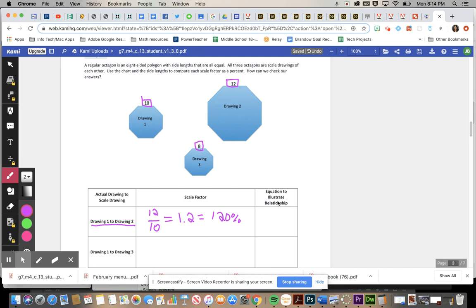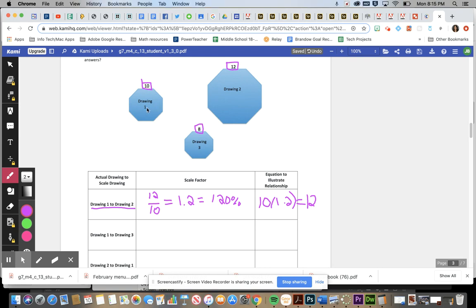Our equation to illustrate the relationship would be, remember what we learned the other day, the original times the percent, our scale factor, which would be 1.2, equals 12, which is the other side length.